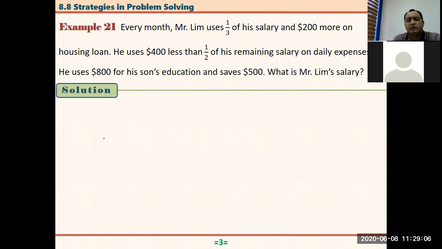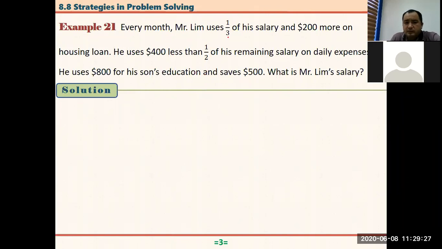After that, the third step, we use a suitable variable to denote the unknowns in the question. After that, we form our equation, then solve it, get the answer, pick the most suitable answer and write your result. That's all. We have to go through maybe 4 or 5 steps.